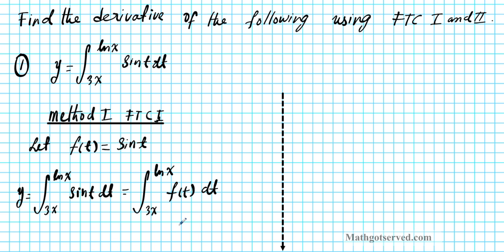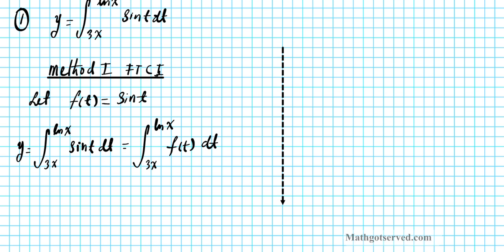Now what we're going to do is find the antiderivative of f of t. So the integral of f of t is uppercase F of t evaluated from the lower limit 3x to the upper limit ln x. You might wonder why we made this substitution up here.